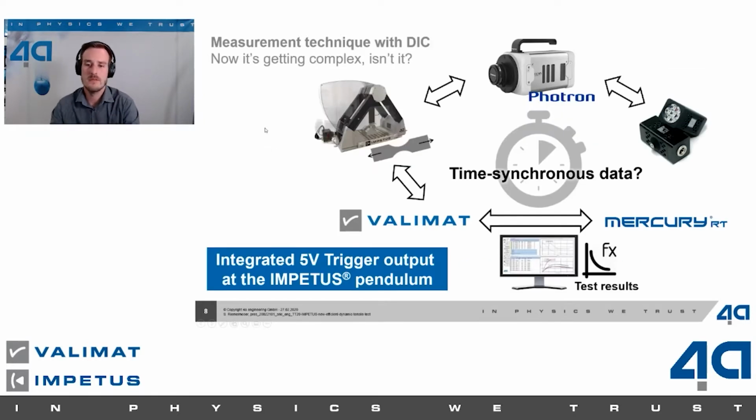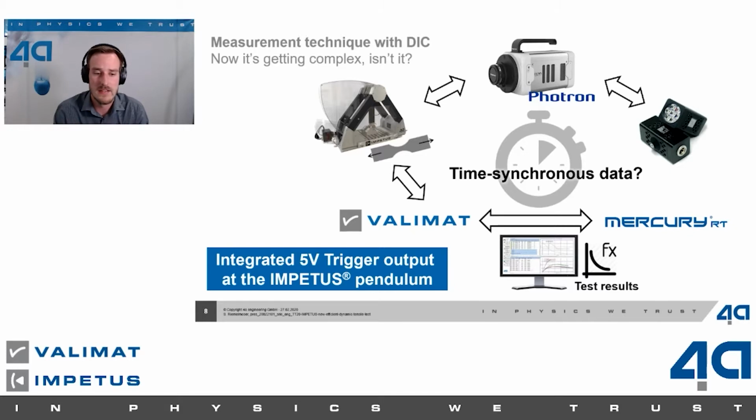So we have to think about the correct time synchronous data. That means, as I have shown before, we measure force, we are recording the time, and we have to trigger the camera, the high-speed camera, and of course we have to trigger the lights. How do we do that?